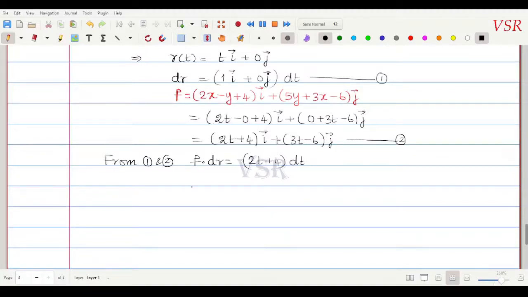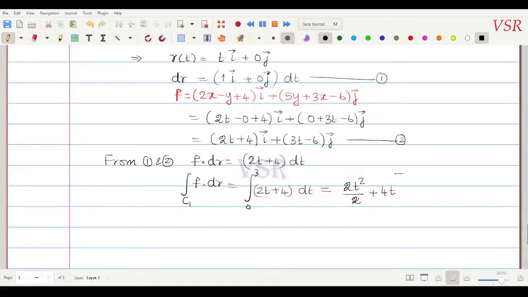So the integral over C1 of F dot dr is equal to the integral from 0 to 3 of (2t plus 4) dt. If we integrate this, what do we get? This is 2t square by 2 plus 4t, and the 2 cancels out.